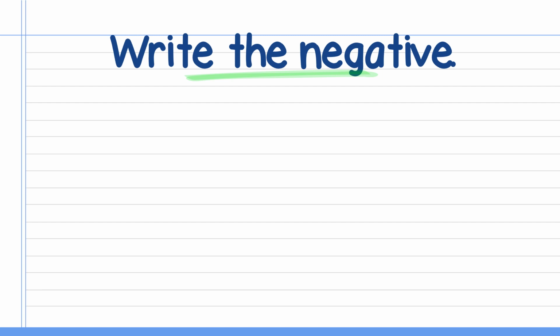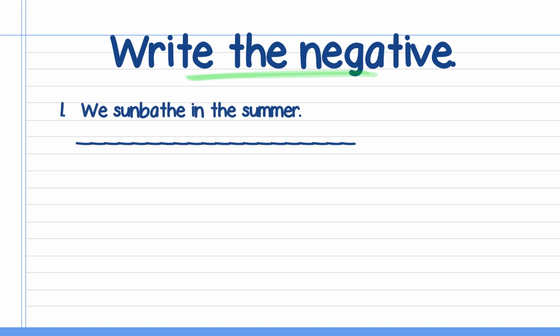Okay, now let's do this exercise. Write the negative. Okay, this statement is in positive, so you have to write the negative. We sunbathe in the summer. The keyword here is we.